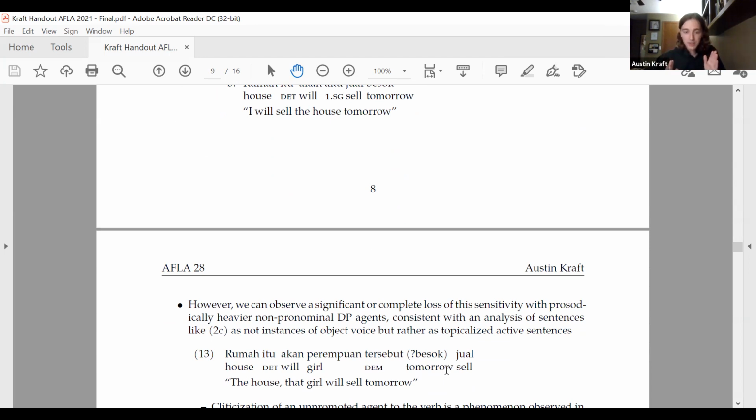So it'd be suggestive that, if we're looking at 13 and keeping in mind this could be underlyingly active, something like perempuan tersebut besok akan jual rumah itu. I can't adjudicate specifically where it is structurally off the top of my head, but since there is intervening material here that could be acceptable, namely this besok, the agent would be somewhere above that.